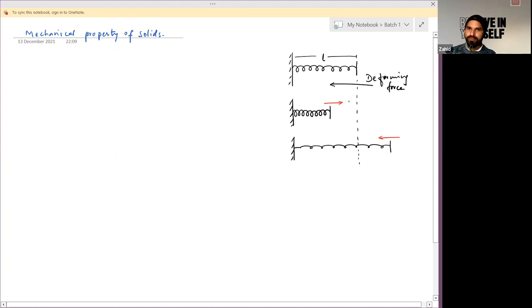This developed force is called restoring force, which will tend to bring this spring back to its original state or shape. This tendency of the spring is called elasticity. Is it clear?